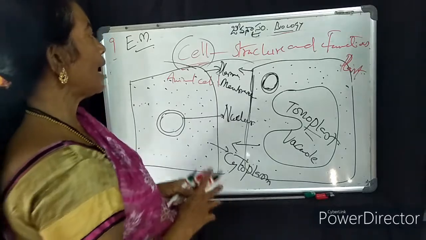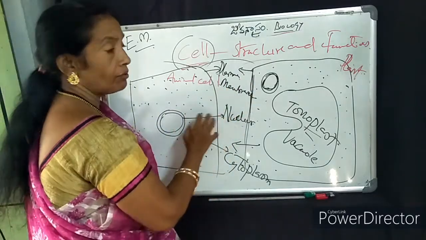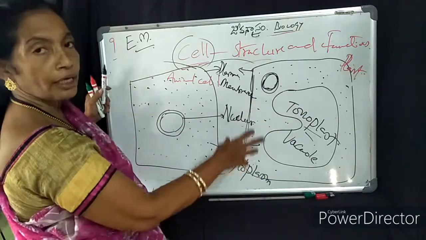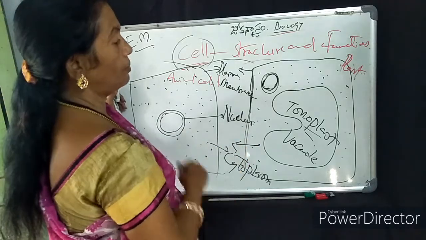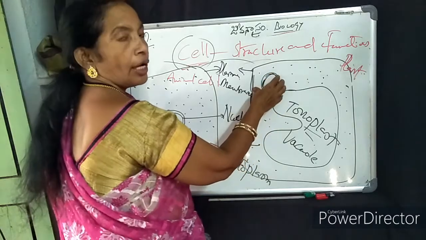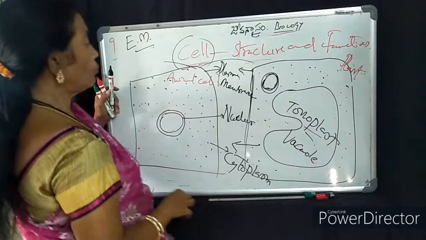We have plasma membrane in both cells, covering this cytoplasm. It is a very important liquid, gel-like structure. This is called cytoplasm. In the cytoplasm itself the nucleus and the tonoplast will be floating.